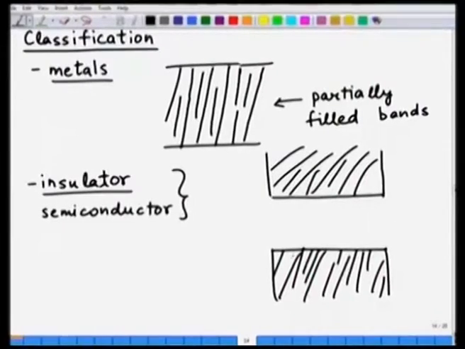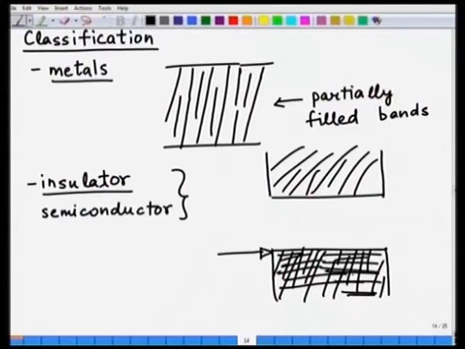In both these systems, we find that electrons fill up to this level. That means one of the bands is completely filled at 0 K, at least at 0 K: a completely filled band here, a band gap with non-allowed energies, and an empty band.